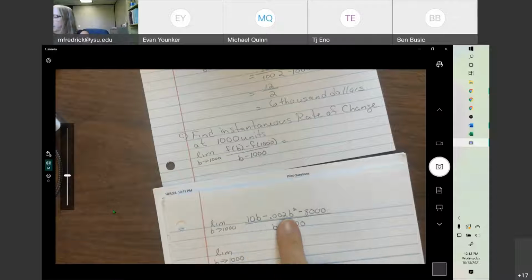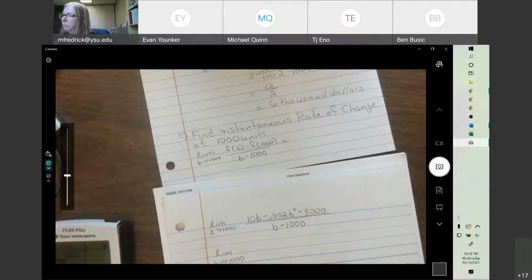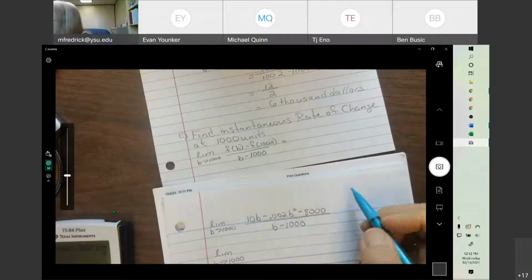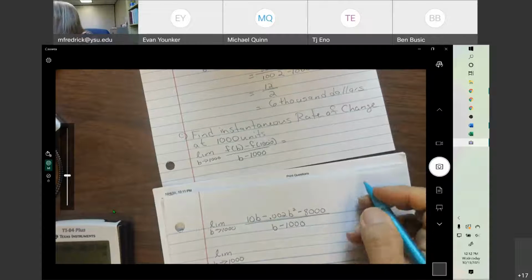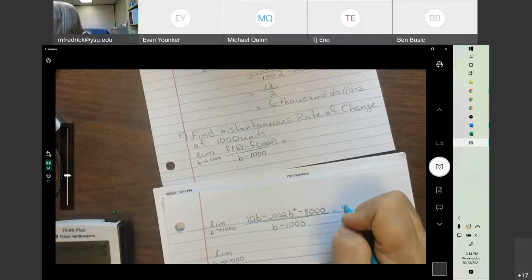Now, if we put 1,000 in here, I think we should get 0. Yeah. If you plug it in, you get 0 over 0.